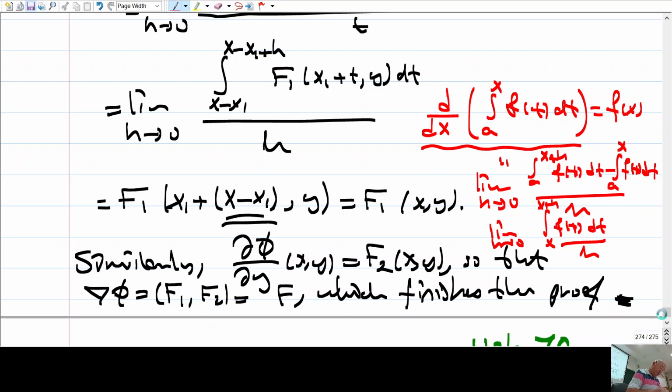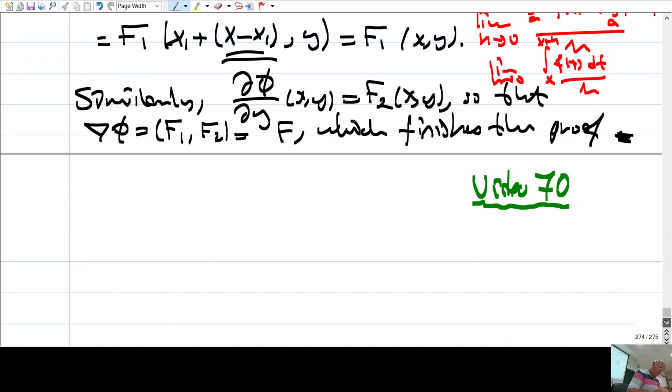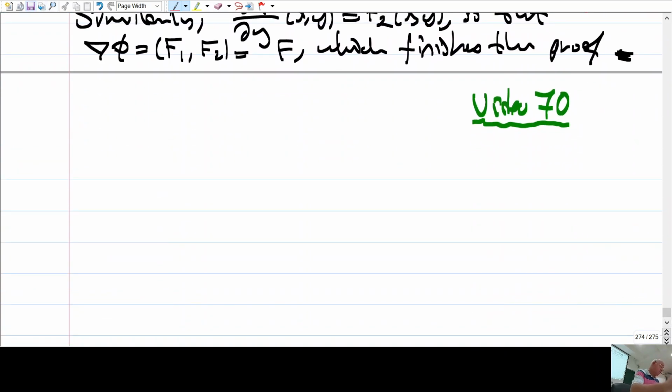Okay, now let's see some examples where we use this result. Well, not really actually, but some examples of line integrals, let me say. Okay, first one is this.